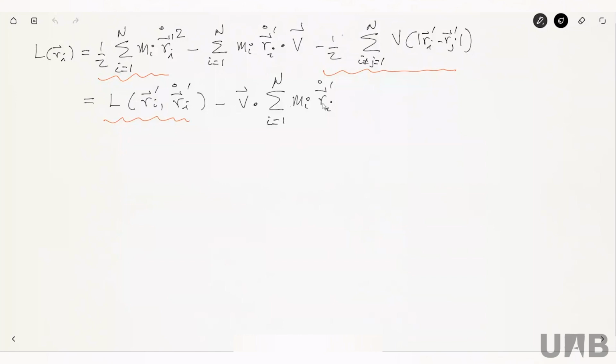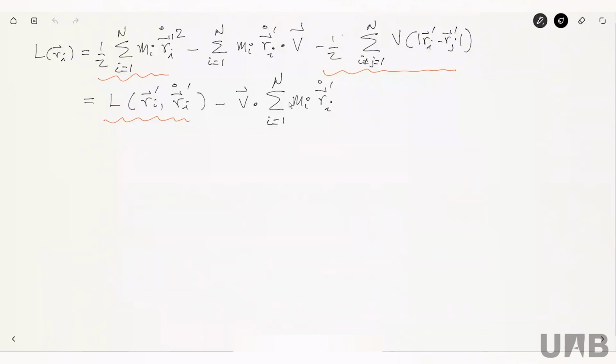Now, we are facing another puzzle, apparently, which is that the Lagrangian is not invariant. However, the action has to be invariant because we know that boosts are a symmetry, right? How do we know that the action is invariant with this term?